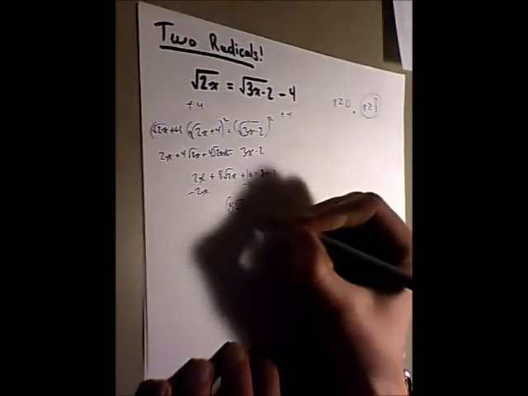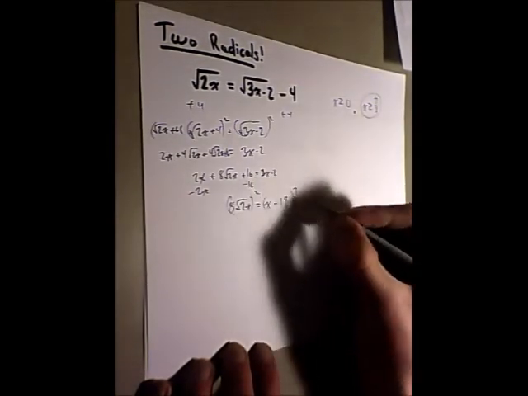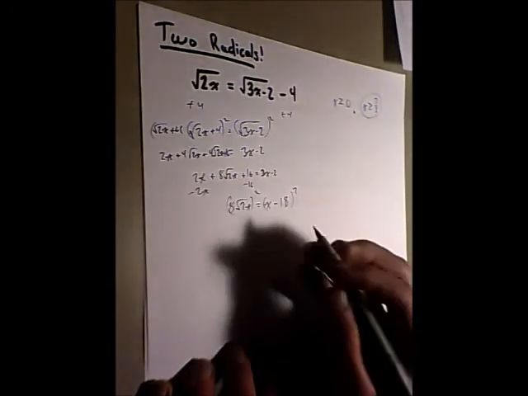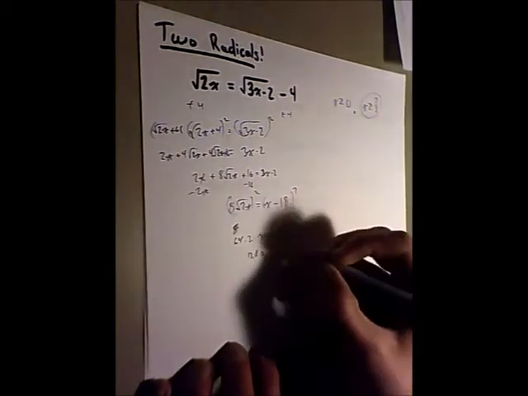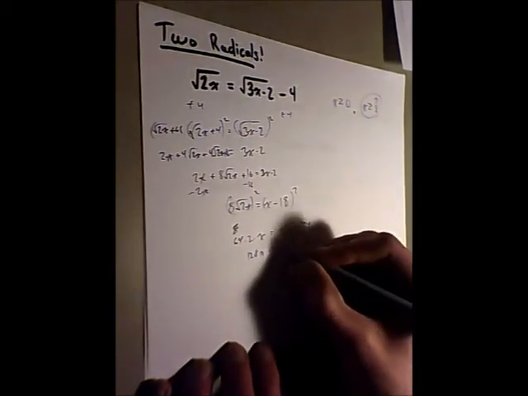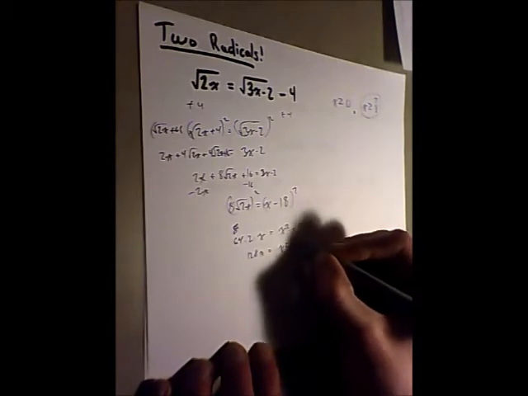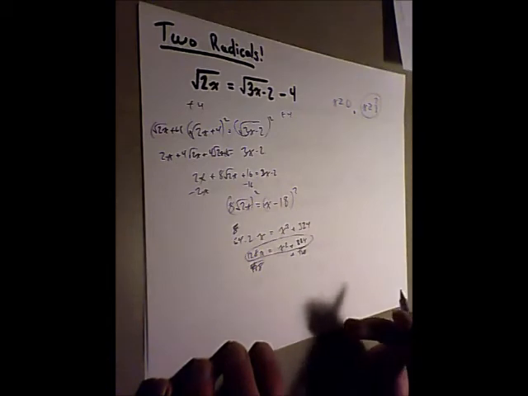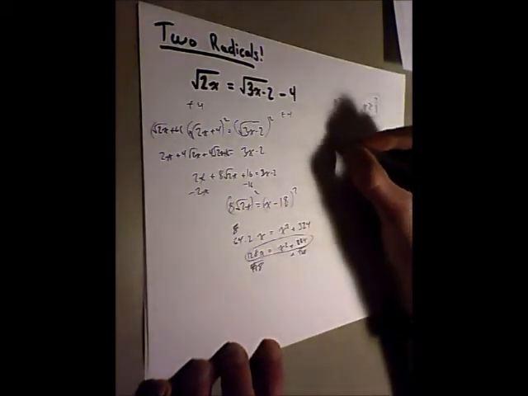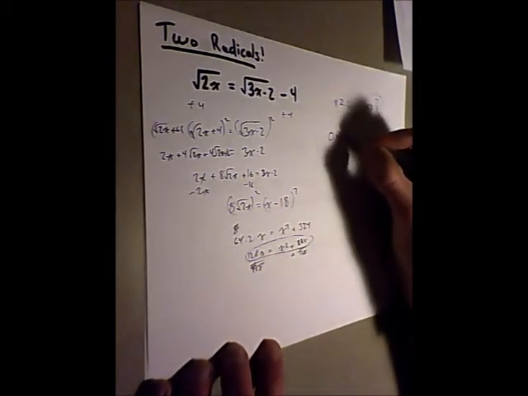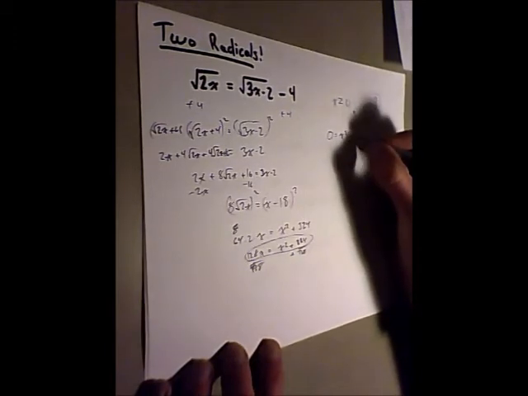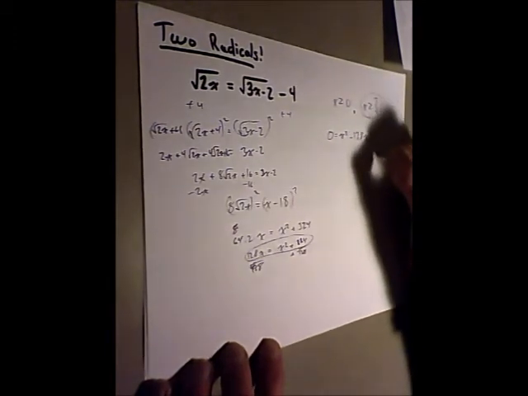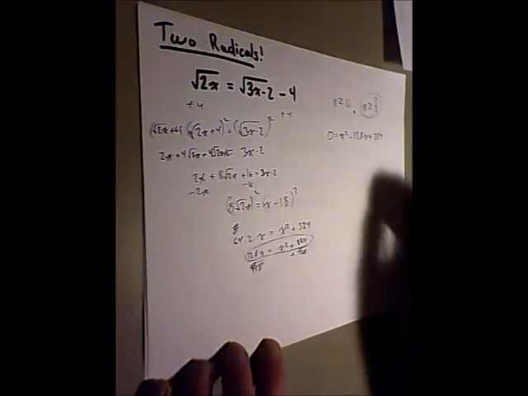Square both sides. Don't forget to factor here, and that will give us 128x equals x squared plus 324. To convert this equation into standard form, and then we can factor that out. So in standard form, this is 0 equals x squared minus 128x plus 324.